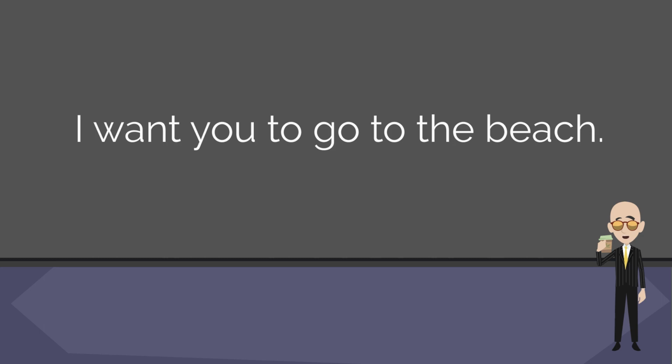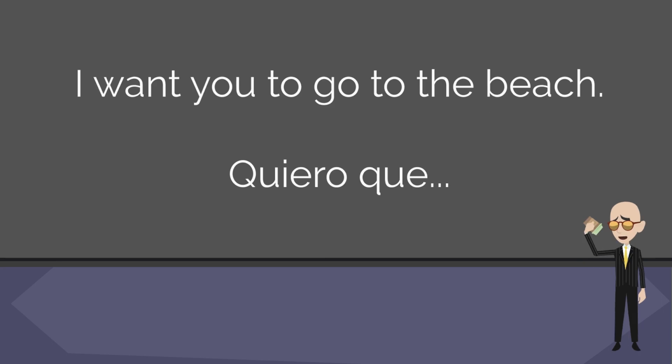All right, let's work through one together. Take a look at this sentence. I want you to go to the beach. This sentence has a verb of desire or request, to want, and two subjects, I and you. That tells me I'm going to be using the subjunctive. We know we're going to be using the word que, so let's just start right from the beginning. Quiero que. Now the que really isn't translated.